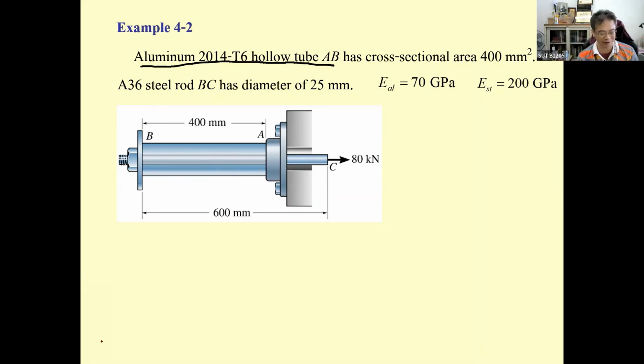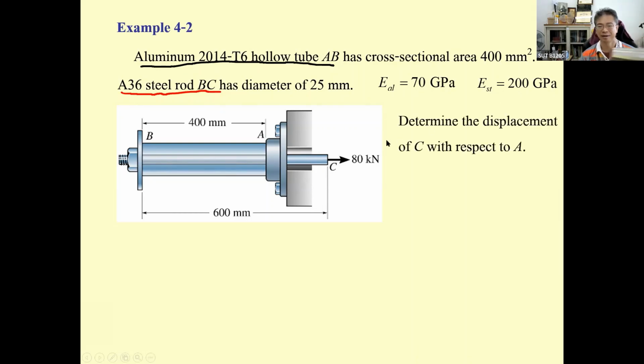The steel rod is here. It is A36 steel rod BC, that is 25 millimeter. And the modulus of elasticity of the aluminum is 70 gigapascal, less than the modulus of elasticity of the steel by nearly 3 times.